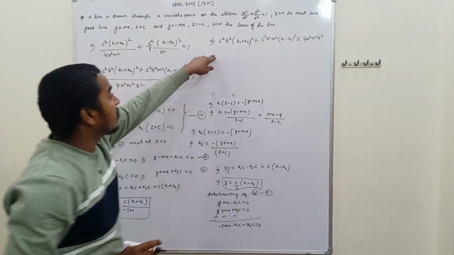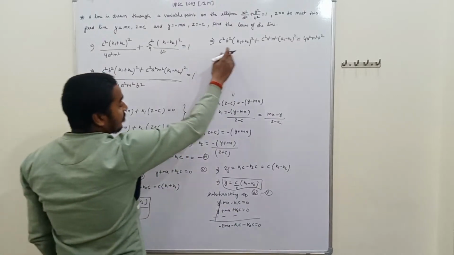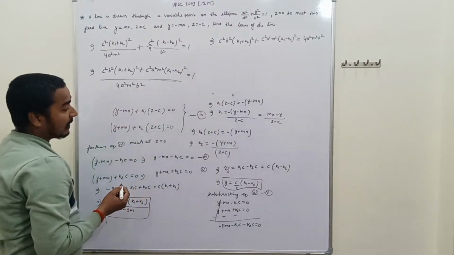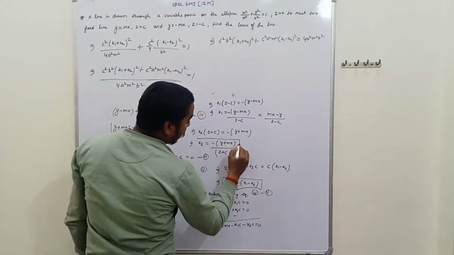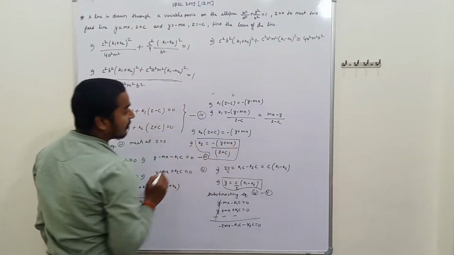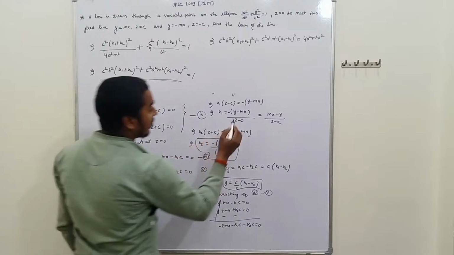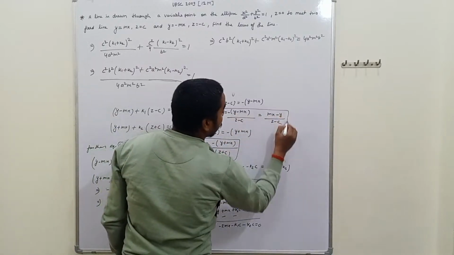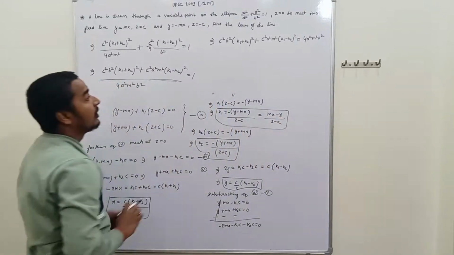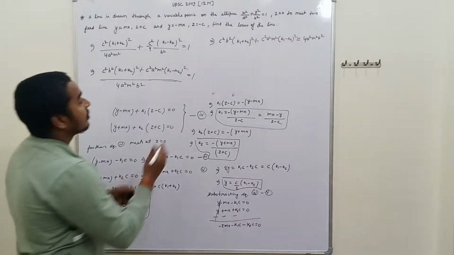Further we have to put the values of k1 and k2. We have to find the value of k1; the value of k2 is this, and k1 is this. So we have to put the values in the given equation once again.